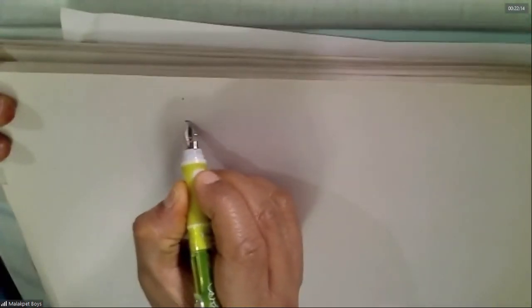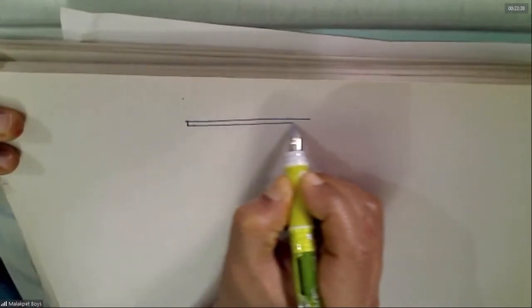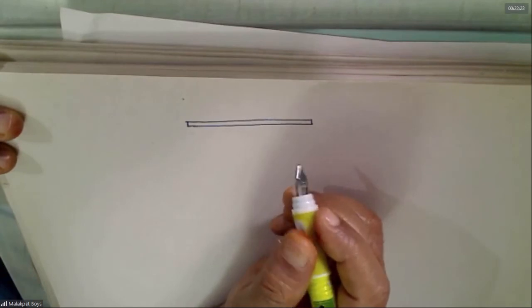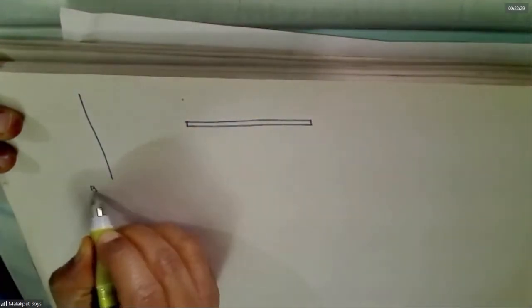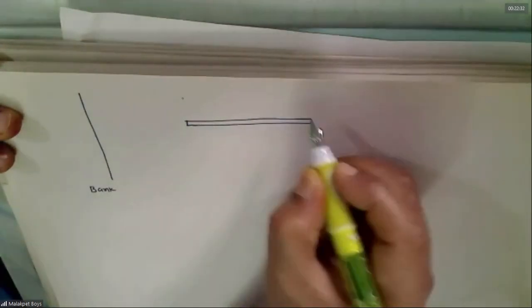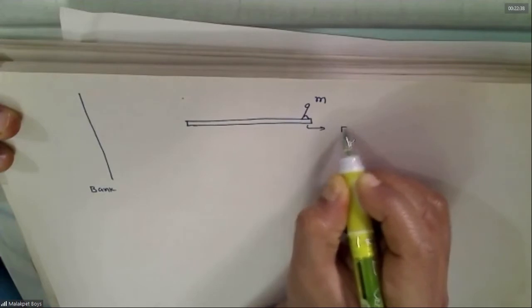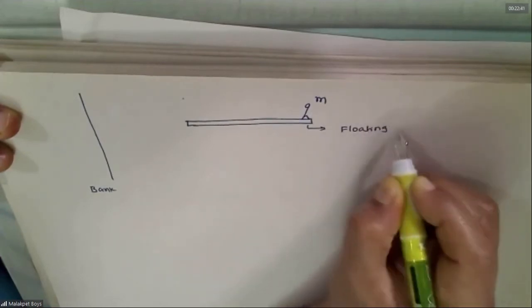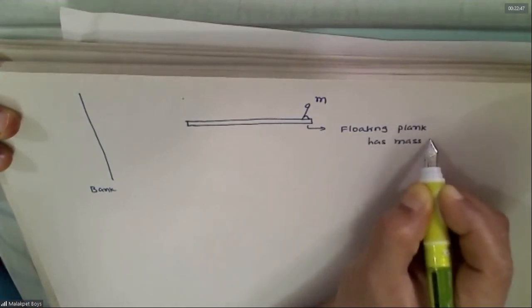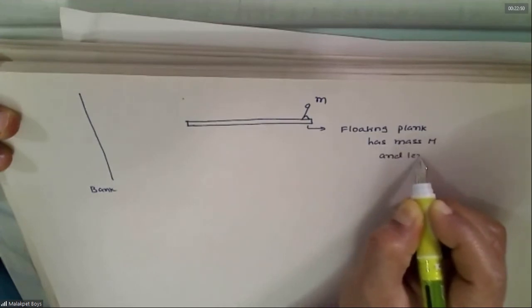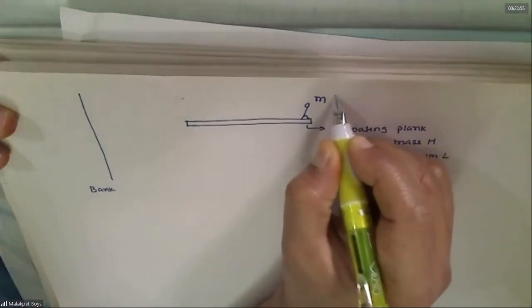There is a log of wood. This bank, it is floating on water. A person is here. Okay, this is a person of mass m.